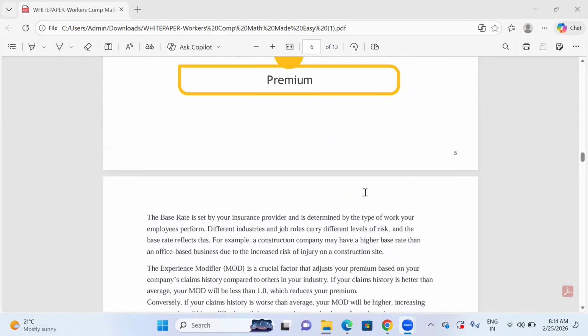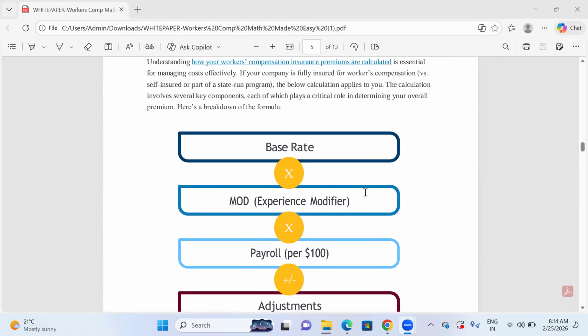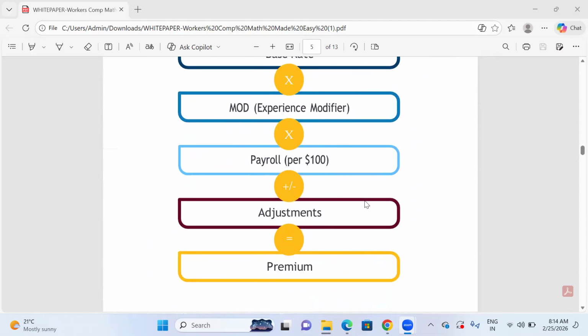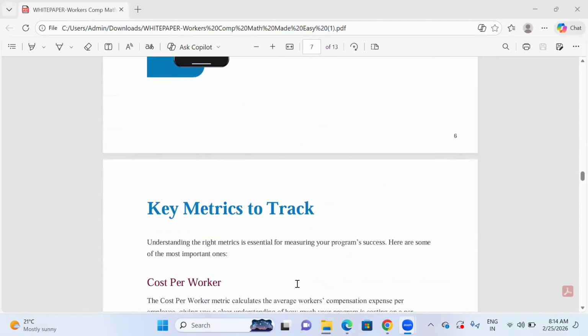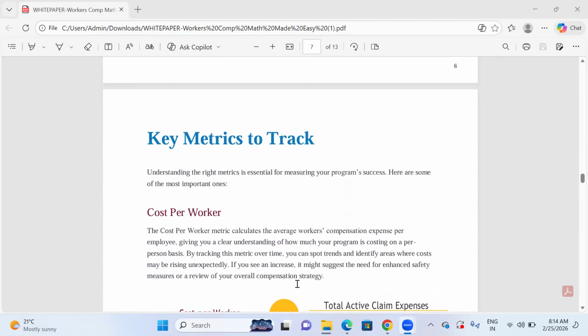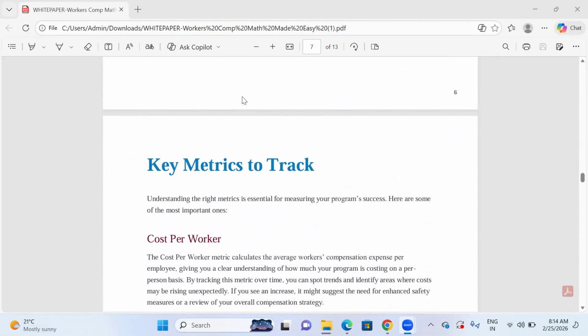These are the four basic things that will be taken into consideration when we calculate the workers' compensation premium, which is essentially important. And what are the key metrics to track this? We will discuss that in the next session, with some examples.